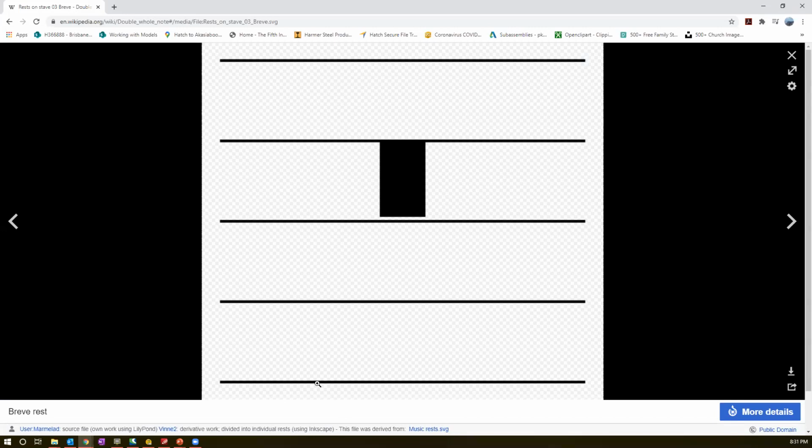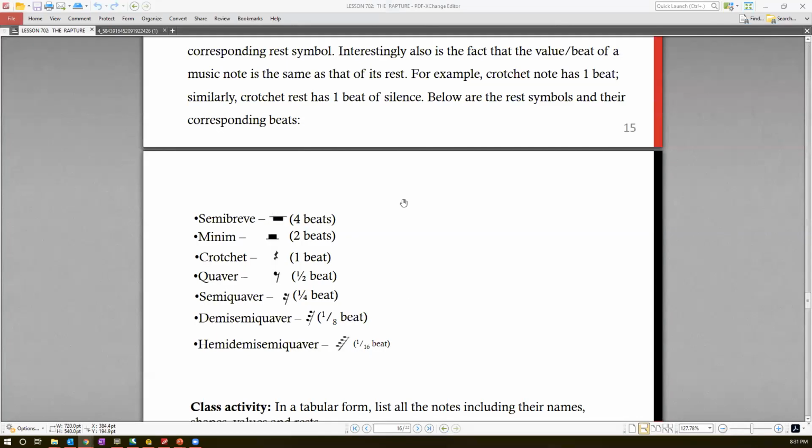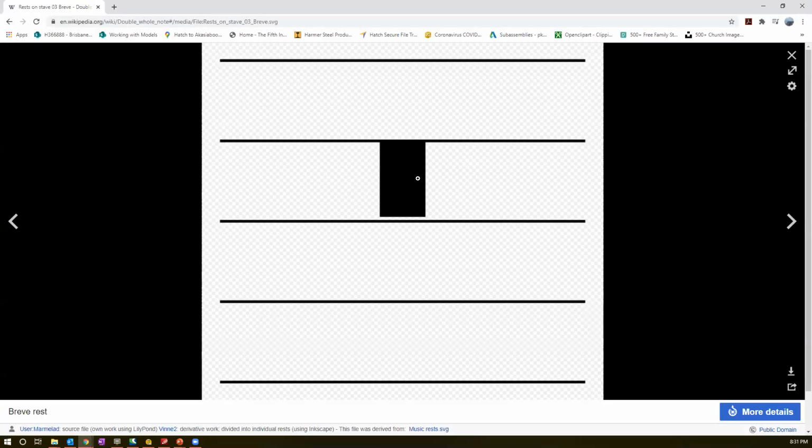We have 5 lines and 4 spaces, and the breve rest is at the bottom of the 4th line. We're going to look at the positions of the other rests in relation to the staff just now. But we hardly use this.